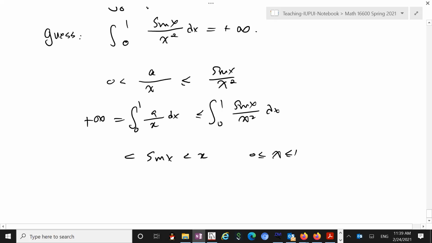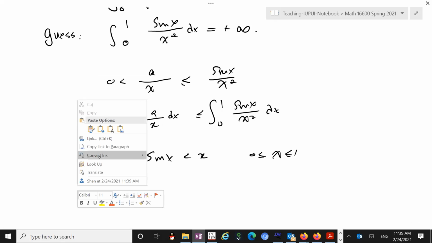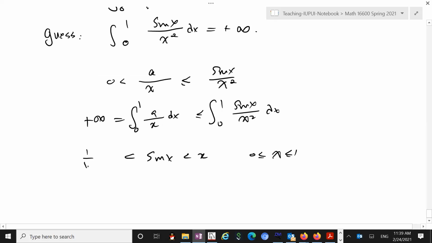I'm pretty sure it's easy to check, and maybe I can have something like 10x there. But you have to prove it's true for x between 0 and 1.